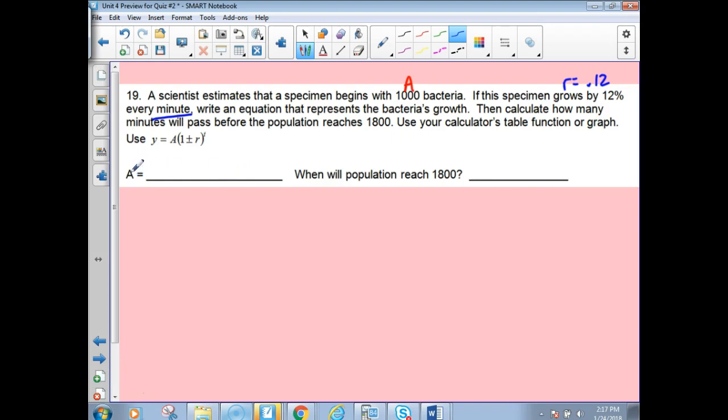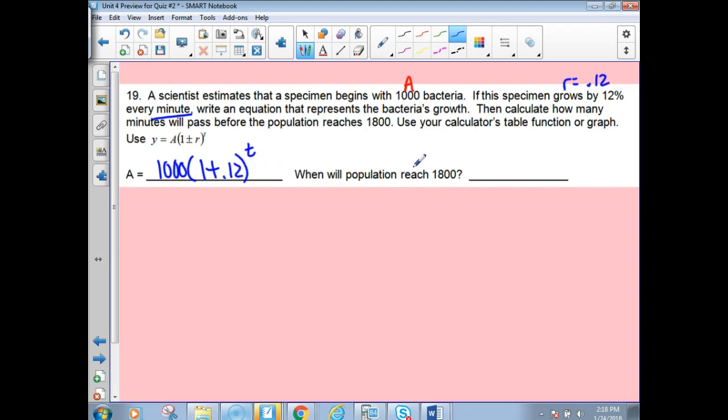All right, so the amount of bacteria that you have, Y or A, whatever you want to call it, would be 1,000 times 1 plus 0.12, because it's increasing, to the T, or X. If you wrote an X, that's fine. If you want to figure out when the population is going to reach 1,800, we have learned now how to solve this algebraically.